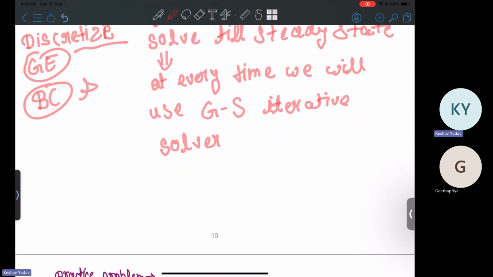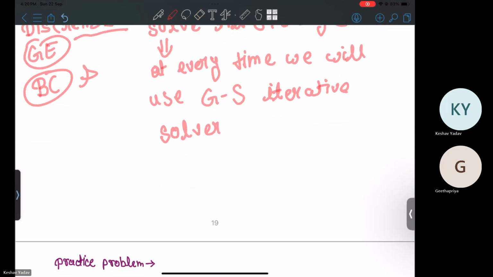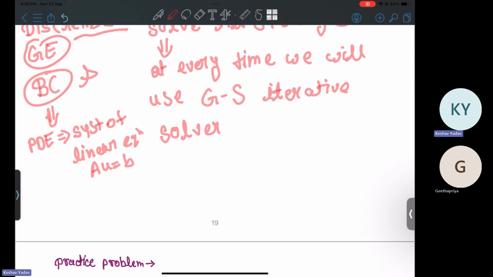By doing this, we will convert this PDE to a system of linear equations. This system of linear equations will be of the AU equal to B type.